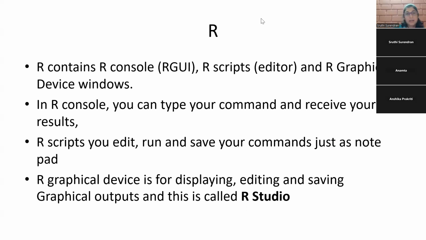When I asked all of you to install R, I had told you to install R tools along with R Studio. R tools is what is actually installing this programming language in your local system, in your computers. And R Studio is a graphical interface that makes the usage of this R program easier.